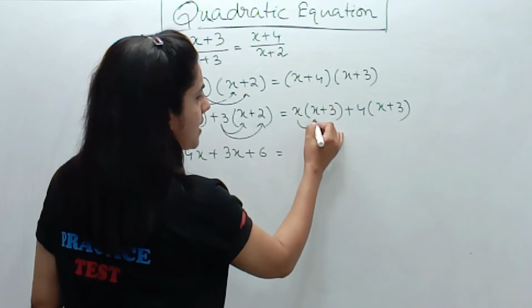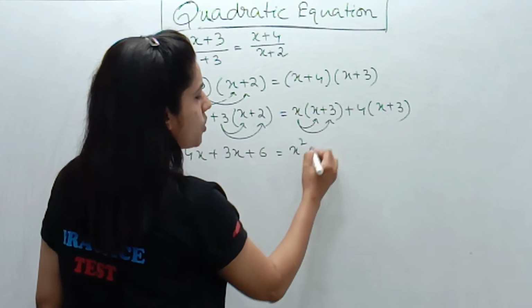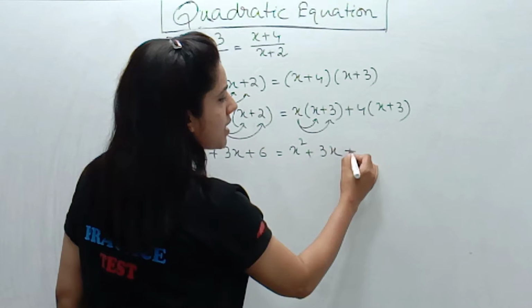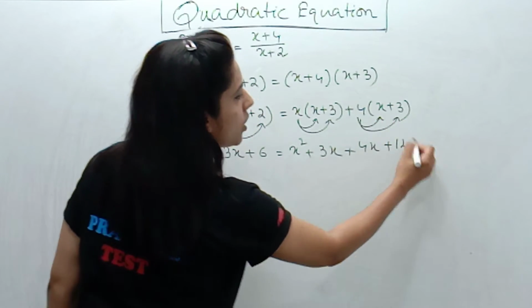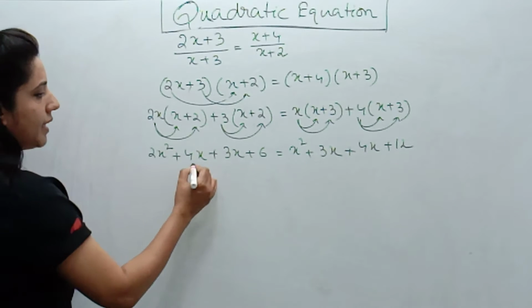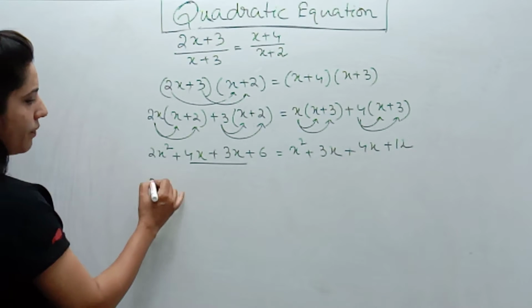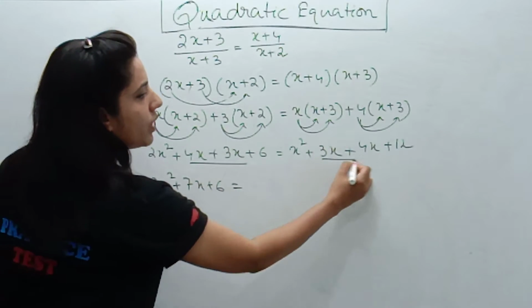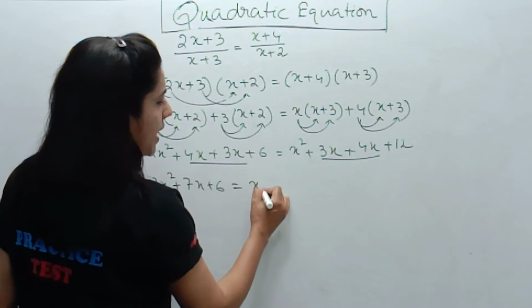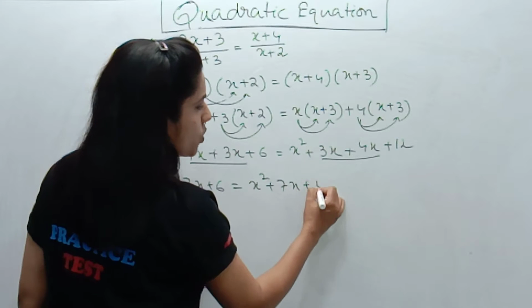Same here: x into x is x², x into 3 is 3x, 4 into x is 4x, 4 into 3 is 12. Operate the like terms: 4x plus 3x is 7x, so 2x² + 7x + 6, and 3x plus 4x is 7x, so x² + 7x + 12.